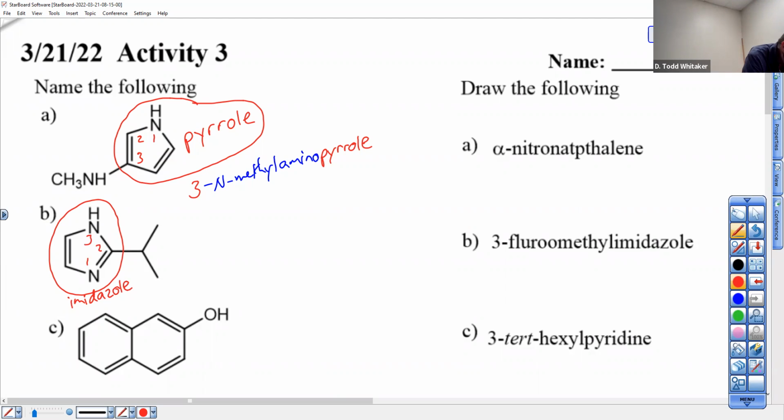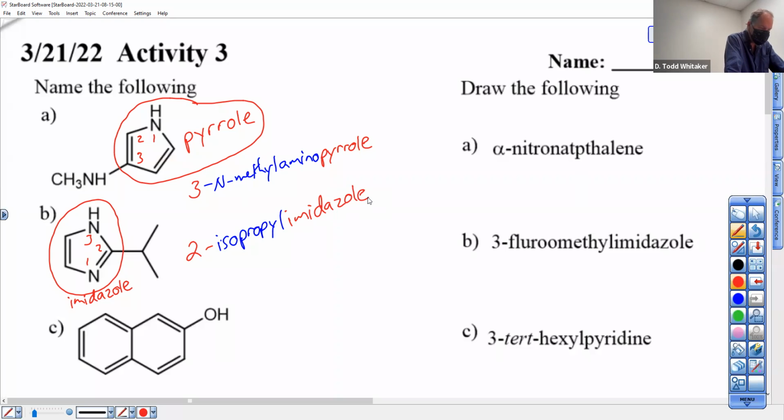So we've got isopropyl on the second position. 2-isopropyl imidazole. The imidazole base is found in the amino acid called histidine, and we'll see more on that when we get to biochemistry.